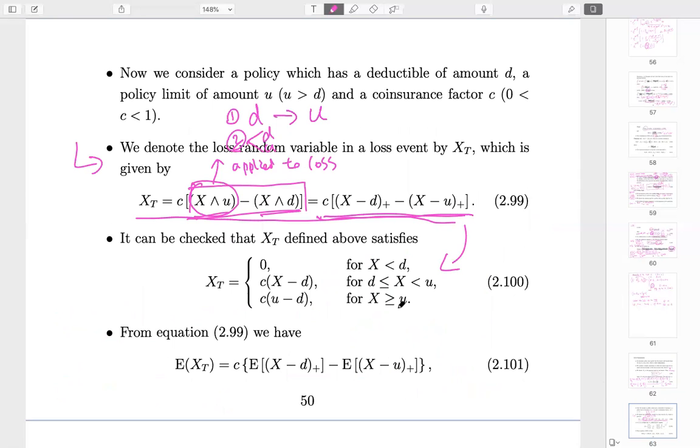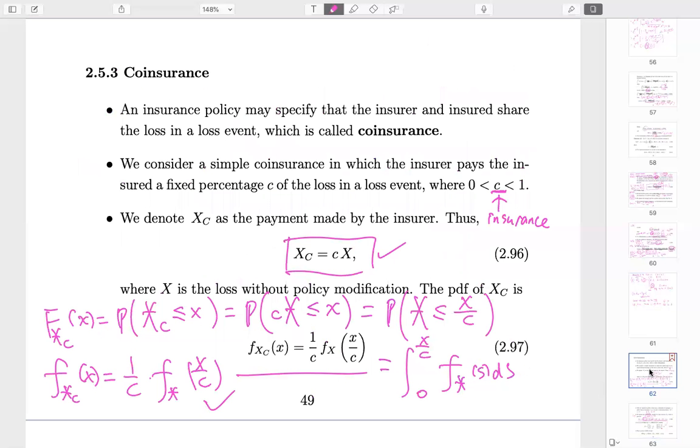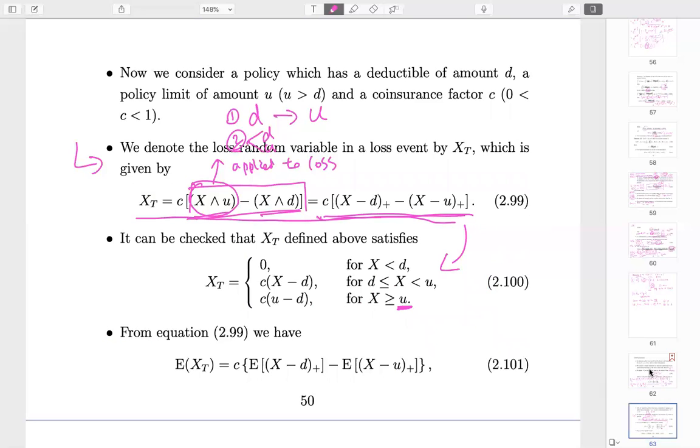As we can see, if this U is directly applied to X, you discuss U and D as 2 separation points. If it is applied after the deductible, the 2 points will be D and D plus U. That's another way you can decipher the difference. This you know already, right?